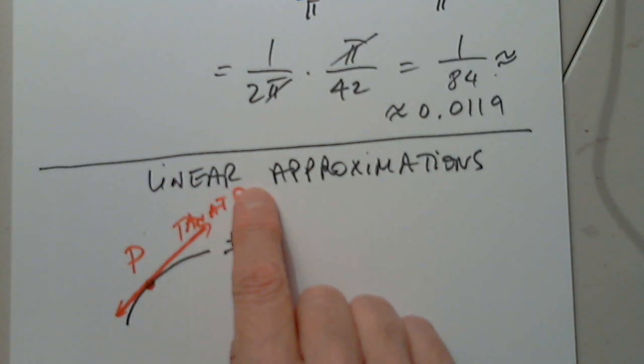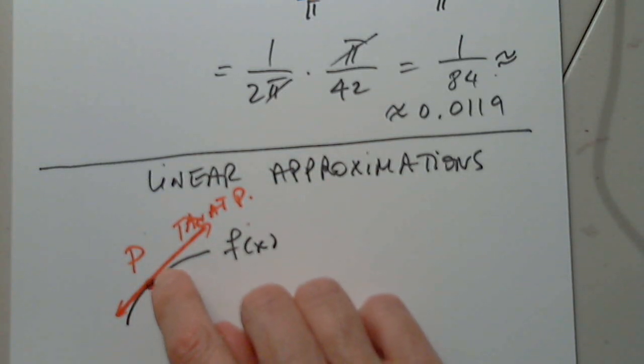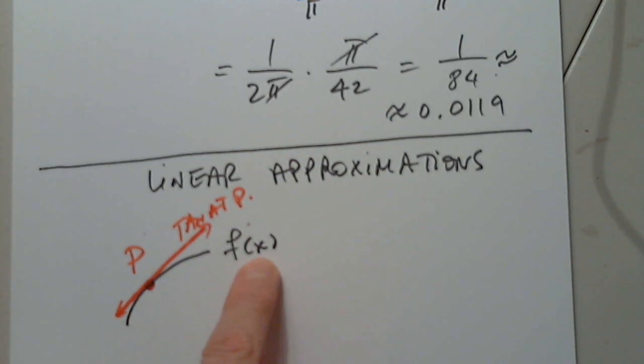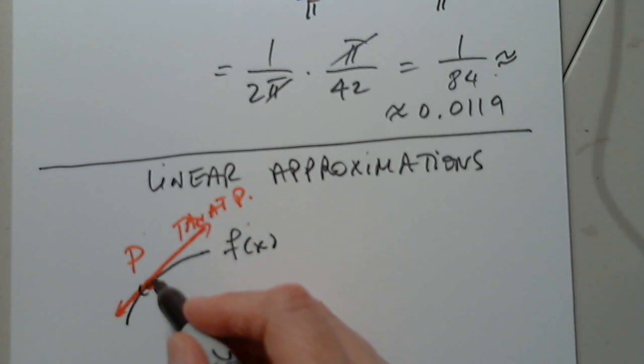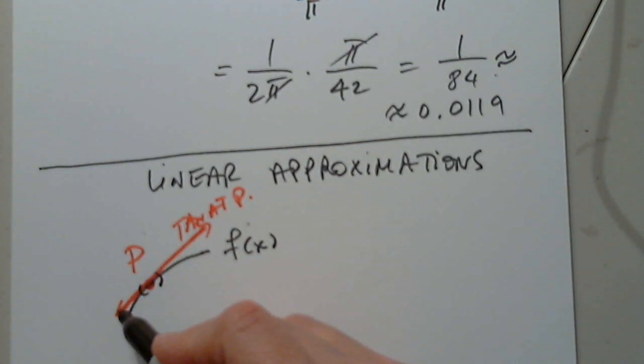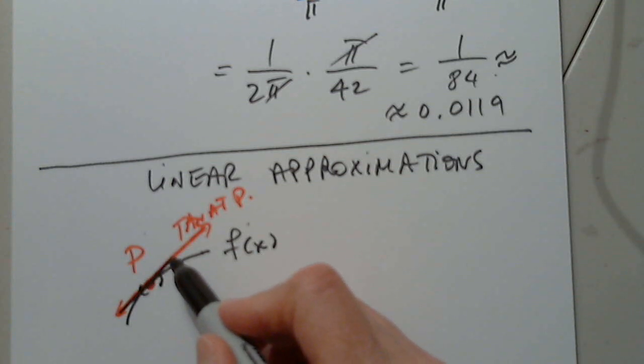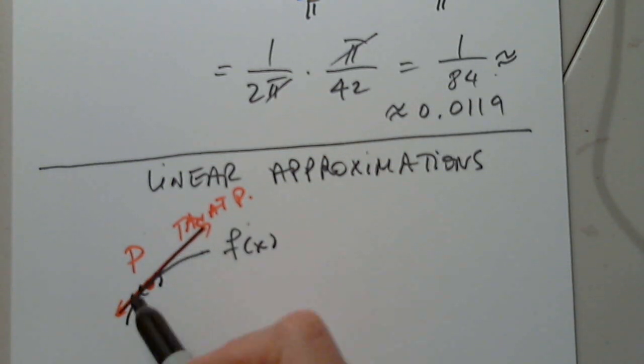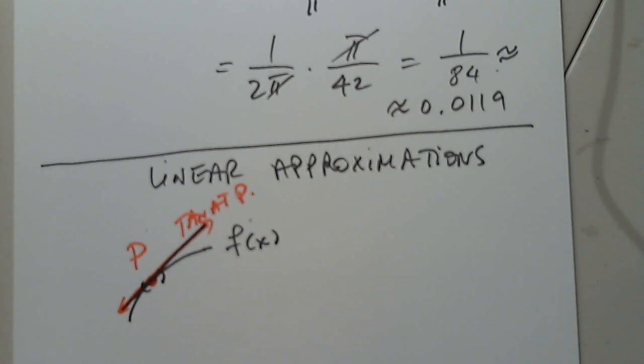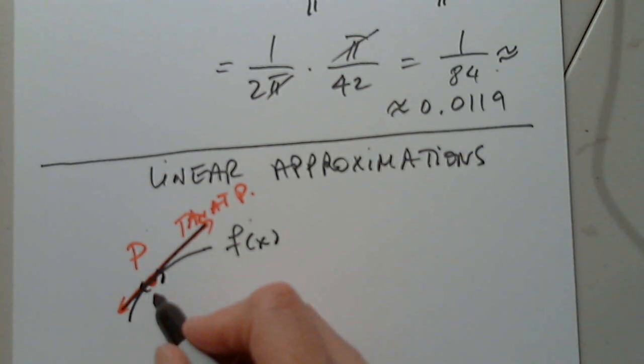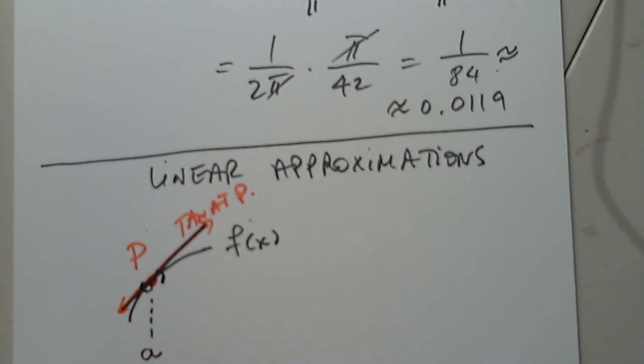And here's why. This is a line. If I want to evaluate this function near this point, meaning not here, but very close, it doesn't matter that much if I use the line, the tangent at P, or if I use the function. The error will be minimal as long as the points are close to this. So if this is, let's say, A, let me give you a number, 3.